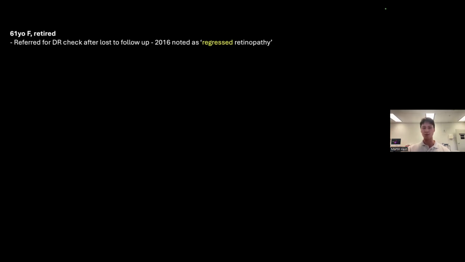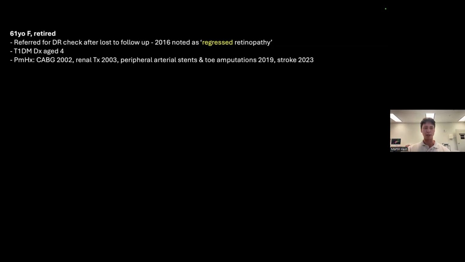The last note was in 2016, where she was noted as having some regressed retinopathy after having laser treatment. She's had type 1 diabetes since she was age 4, and has a whole host of microvascular and macrovascular complications, including a renal transplant, a lot of toe amputations, and recently a stroke as well. Her chief complaint was a diminishment in her right-sided vision.